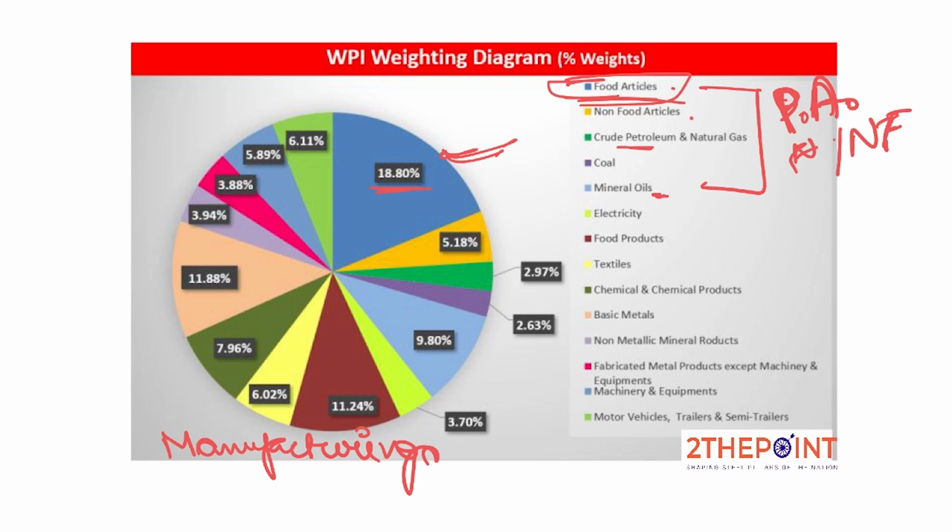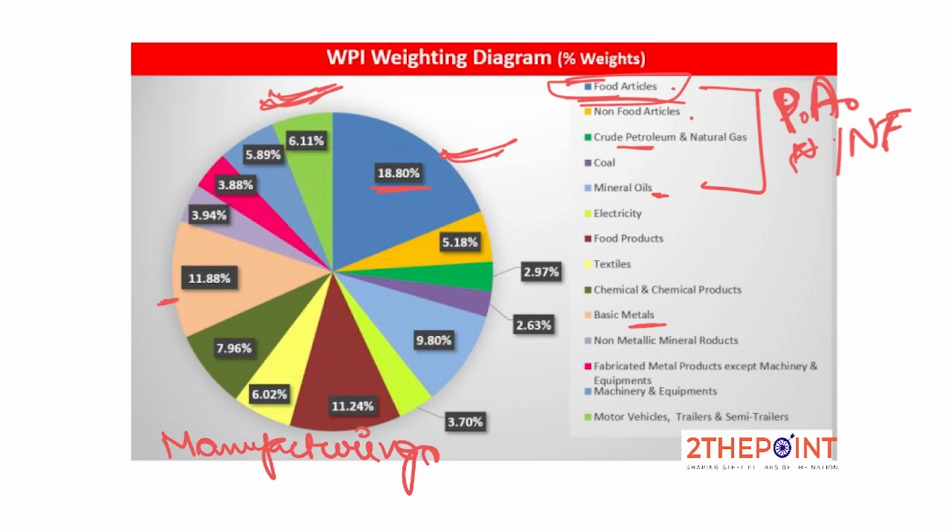And if you see, the most weight, 18, comes from food articles, and next is basic metals, and electricity is also there, because we consume it every day and the economy runs on it. It is now a basic need of our living.